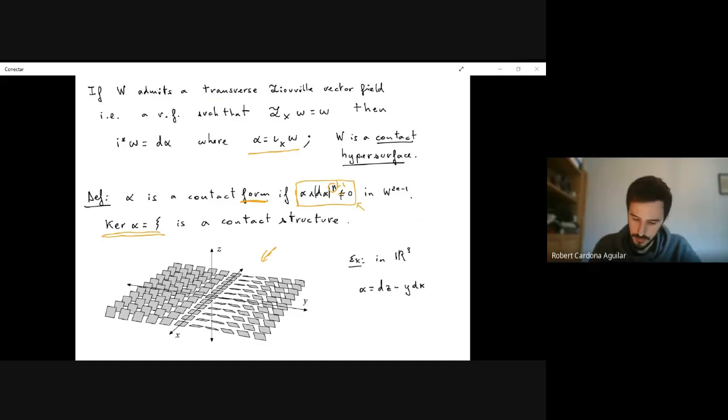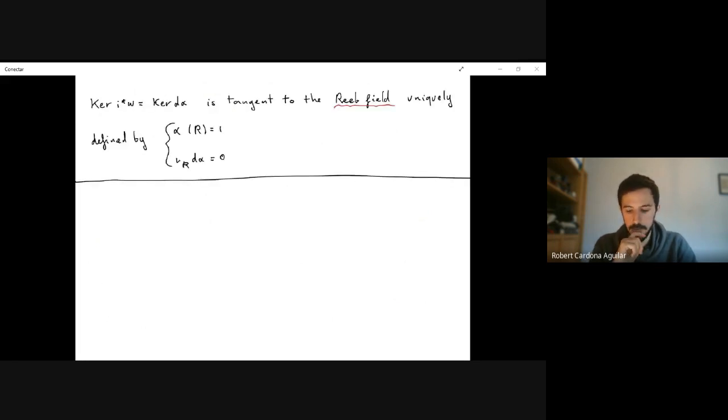Okay. So in R3, for example, this is the example that is pictured here, and actually every contact structure is locally of this form, because contact structures also admit a Darboux theorem, like symplectic manifolds. So for a contact form, if I fix a contact form, there is a privileged section of the kernel of the alpha.